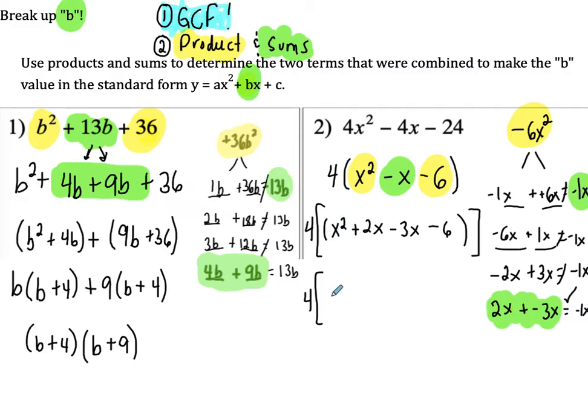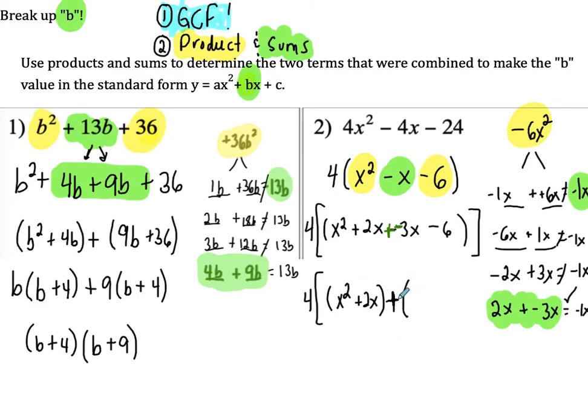Okay, but having said that, now I'm going to go ahead and group. So I've already started this process. So now I've got 4x, and what's inside here, I'm going to think of this as x squared plus 2x. And now here I've got minus 3x minus 6, but I want to be really careful because I always want to make sure I'm adding my two binomials. So in order to make this an addition problem instead of a subtraction problem, I'm going to switch this over to adding a negative, because subtraction is the same as adding a negative.